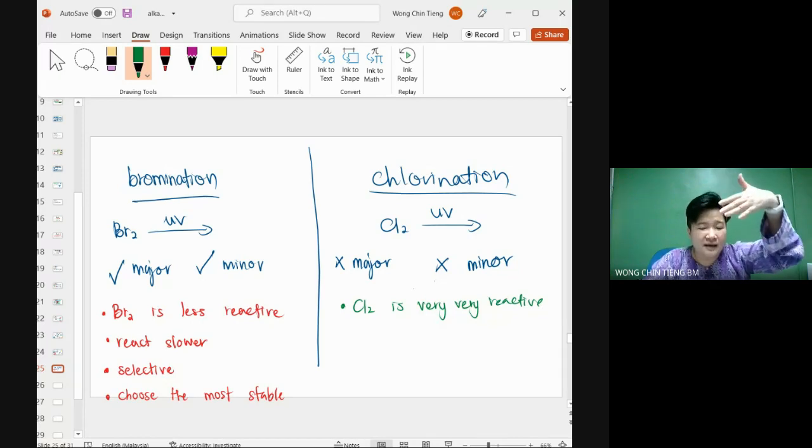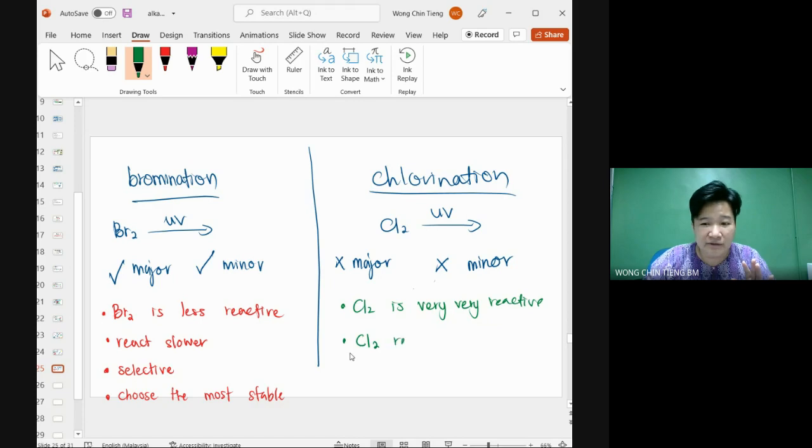So, bila dia lebih kecil, bergerak lebih cepat, dia akan jadi tak memilih. Kenapa dia jadi tak memilih? Tak dan nak pilih. Bergerak cepat sangat. This thing, Cl2 will react very fast. Bila dia react very fast, dia akan jadi unselective. Dia tak dan nak pilih.